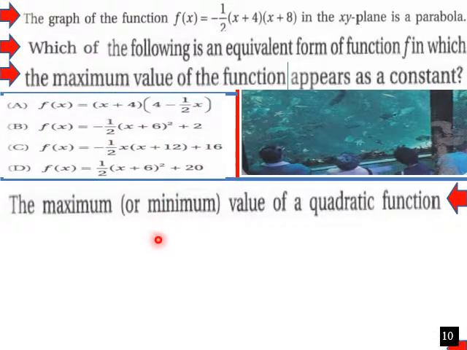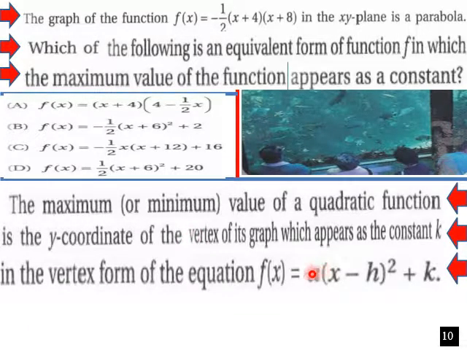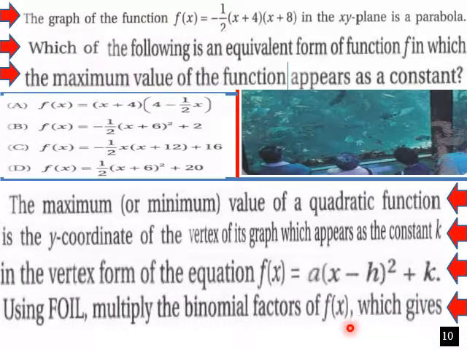Well, the max or min value of a quadratic function is the y-coordinate of the vertex of its graph, which appears as a constant k in the vertex form of the equation, a times x minus h squared plus k. So k is what we're looking for.